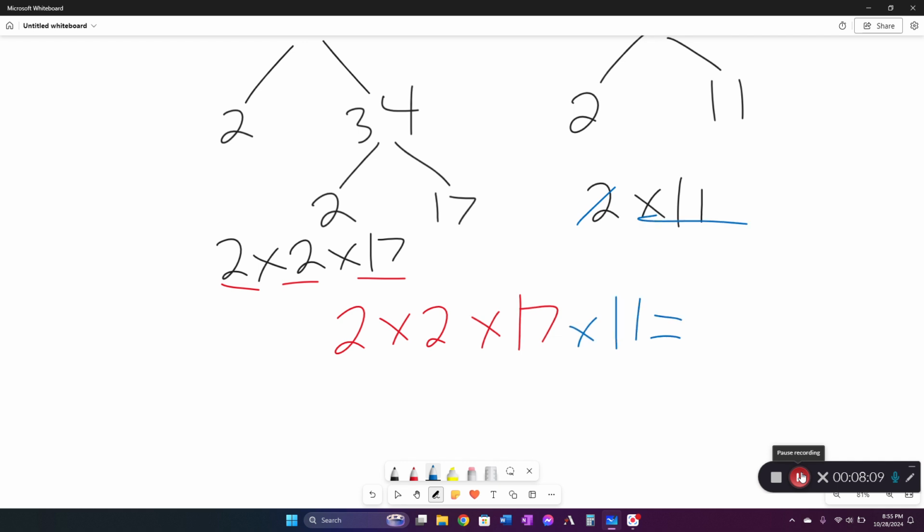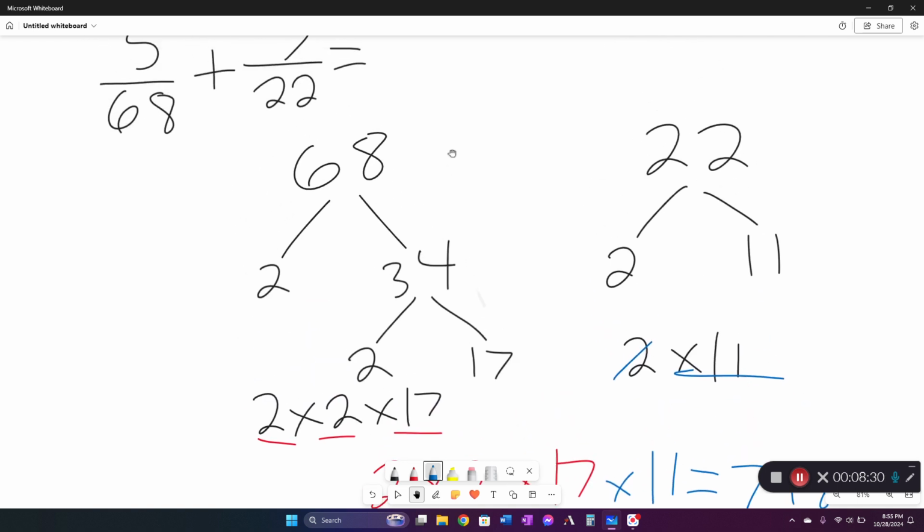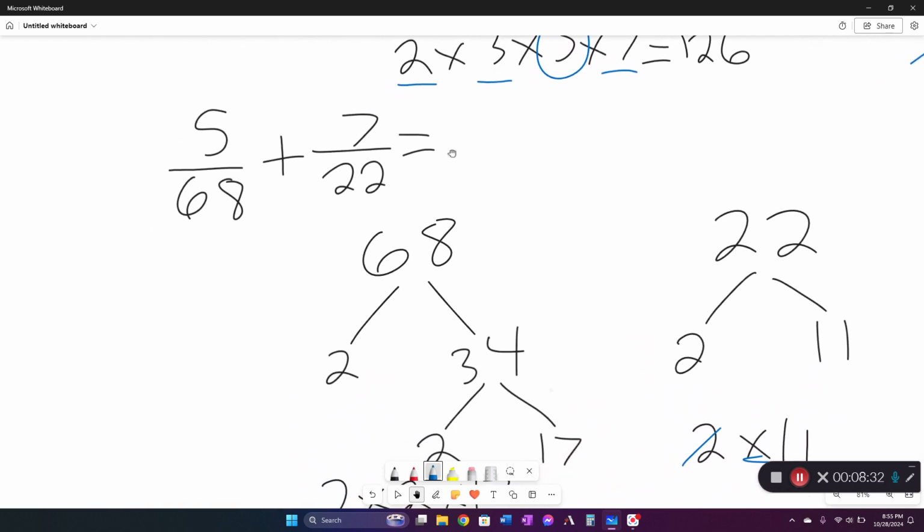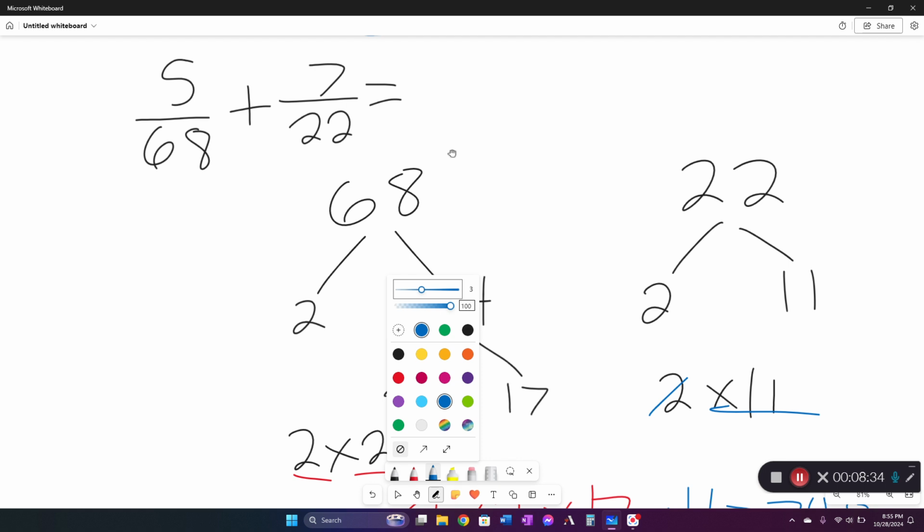Okay? And when you do all the math out, you get 748. So let's go back up to our original problem. We know it's going to be something over 748.